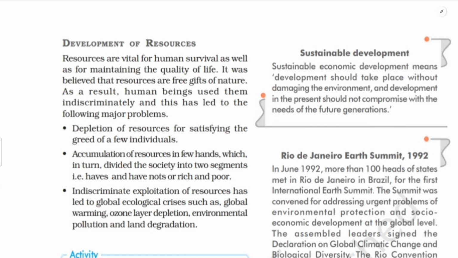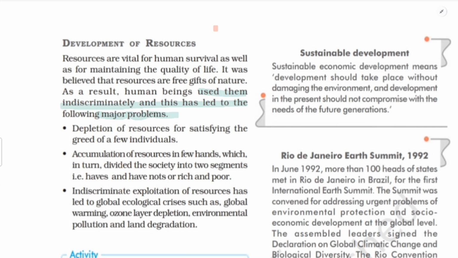So it was believed that resources are a free gift of nature. As a result, human beings used them indiscriminately, and this led to major problems.